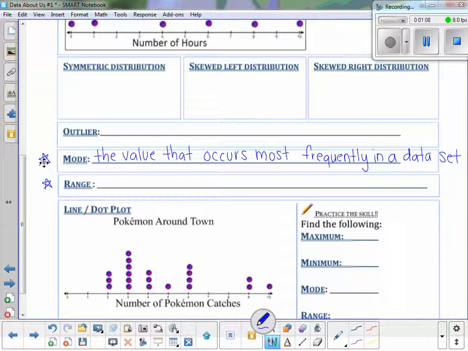The next vocabulary we're going to look at is range. And this is the difference between the maximum and minimum values.